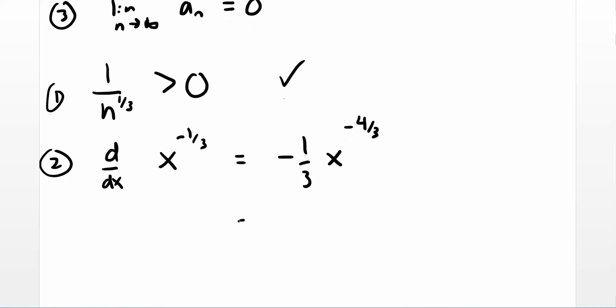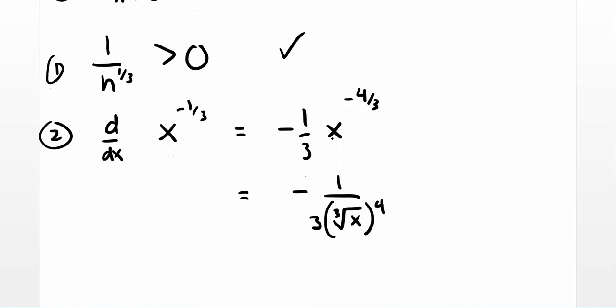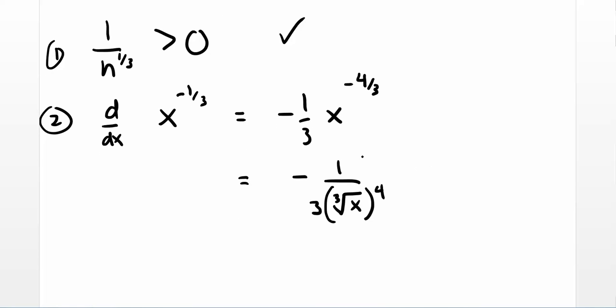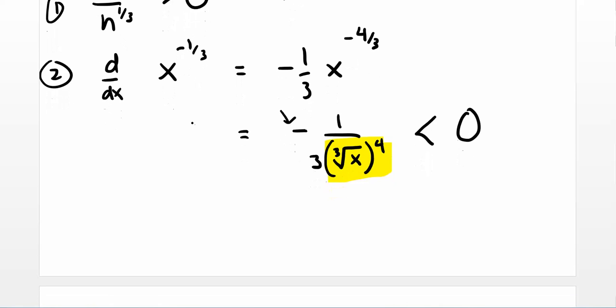So this, of course, is equal to negative 1 over 3 times the cube root of x to the 4th. So this number here is always positive because it's the 4th, and we've got a negative in front. So this derivative is always negative, which means our function is decreasing.